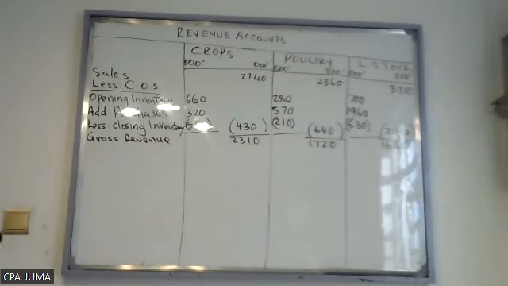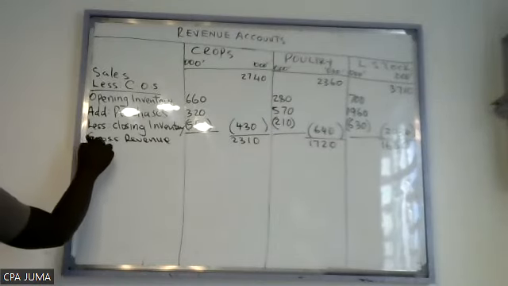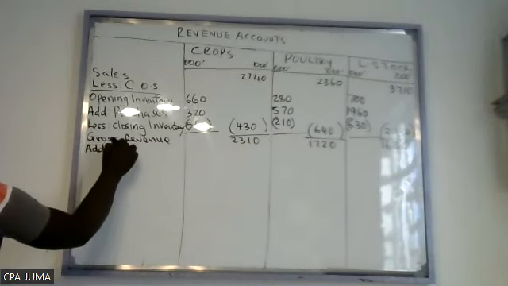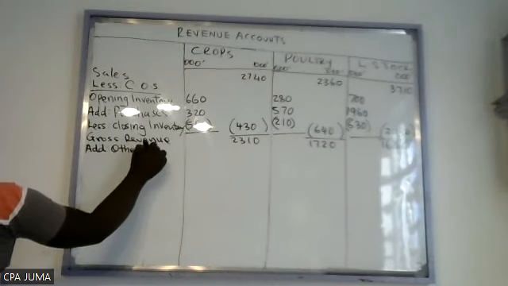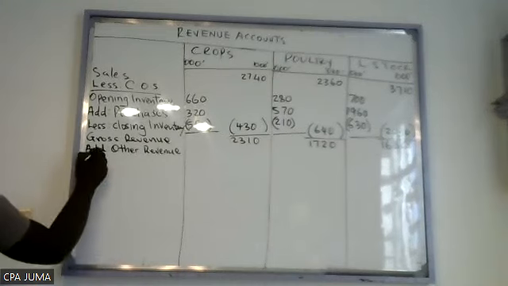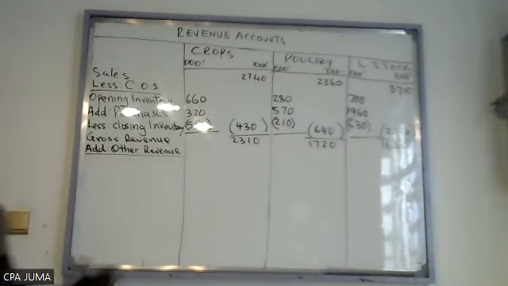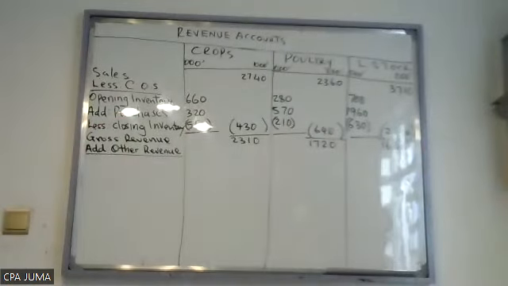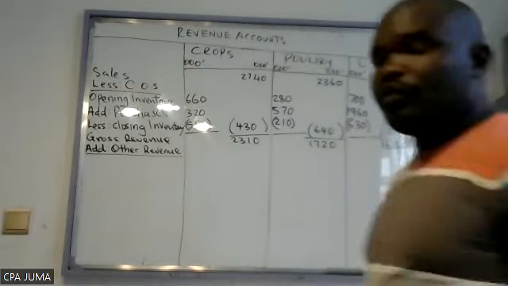So you will say, add other revenue. So other revenue, there were two.